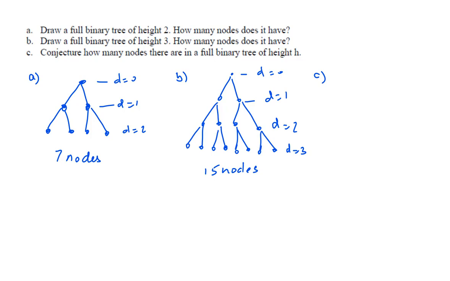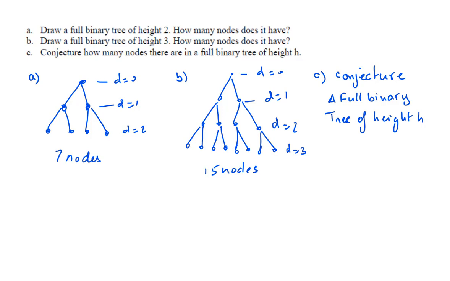So now the conjecture would be what? The conjecture here is that a full binary tree of height h will have a total of 2 to the power of h plus 1, minus 1 nodes. So let's see here. This is height 2, so 2 to the power of 2 plus 1, that is 2 to the power of 3, minus 1, so it's 8 minus 1, and that's why we have 7.